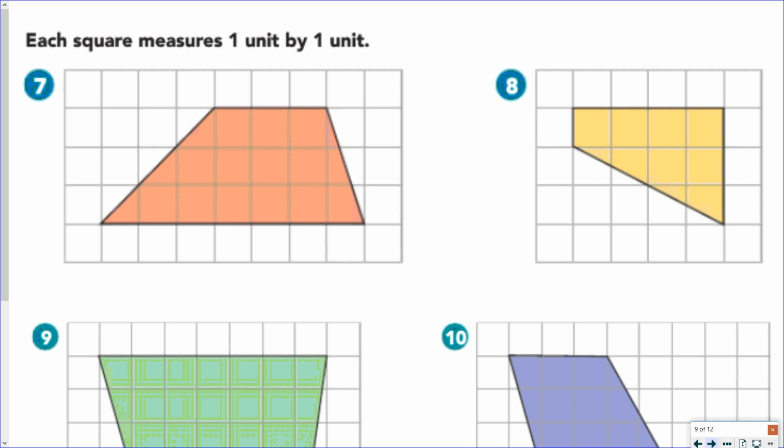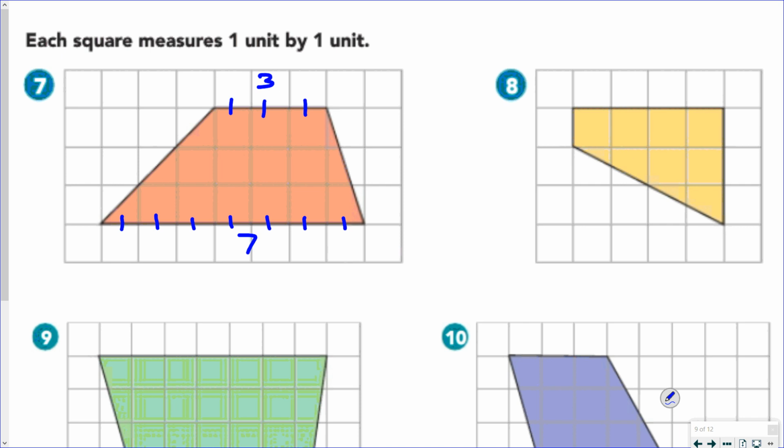All right, so you should have completed the sample problems here, finding the area for these trapezoids. Okay. So again, we do have to identify a base. Remember, our bases need to be opposite each other, and they need to be parallel. So we'll use this top part, 1, 2, 3. We'll use the bottom base, 1, 2, 3, 4, 5, 6, 7. So we've identified our bases.